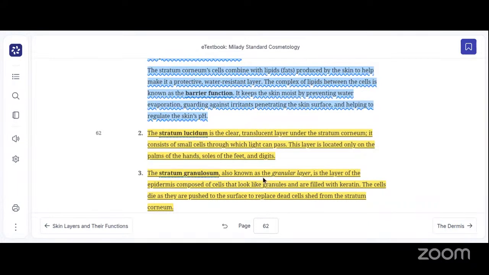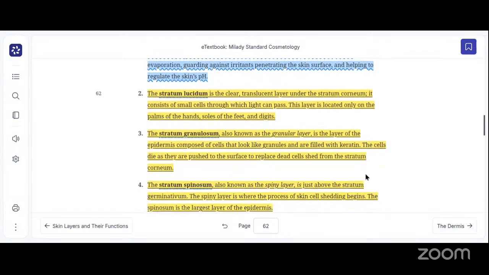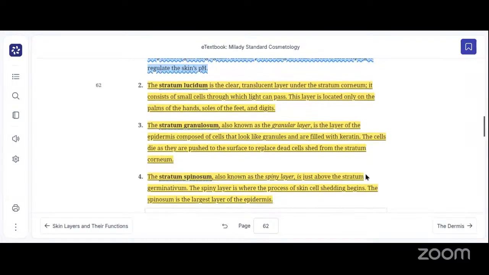Stratum granulosum, okay, also known as the granular layer, is the layer of the epidermis composed of cells that look like granules, like sugar. Okay, their granules are filled with keratin. The cells die as they are pushed to the surface to replace dead cells that shed from the corneum.